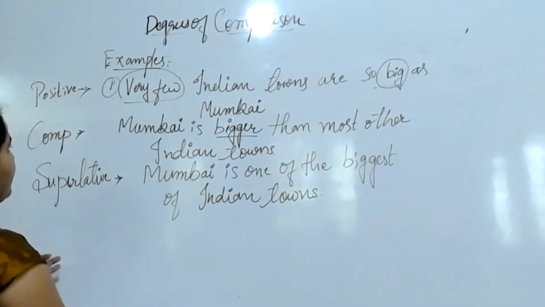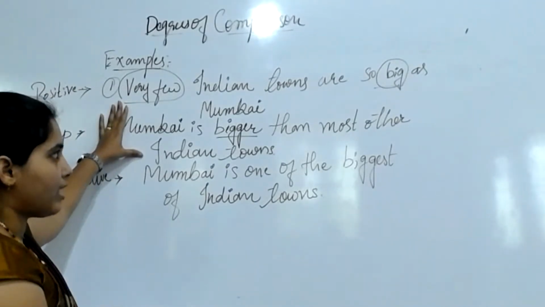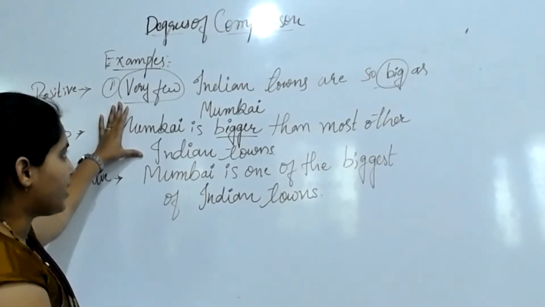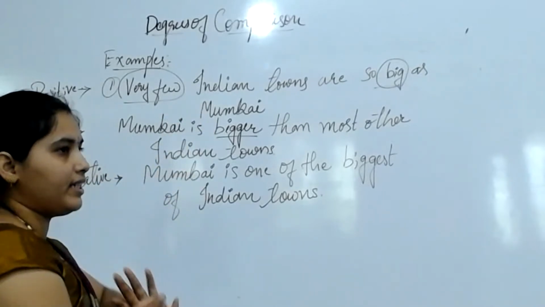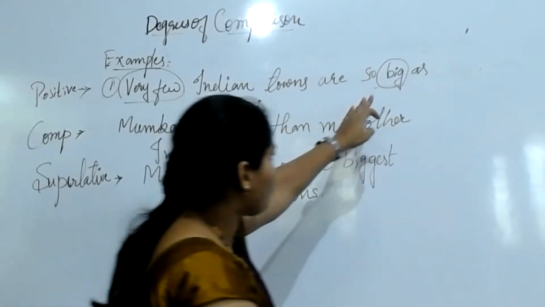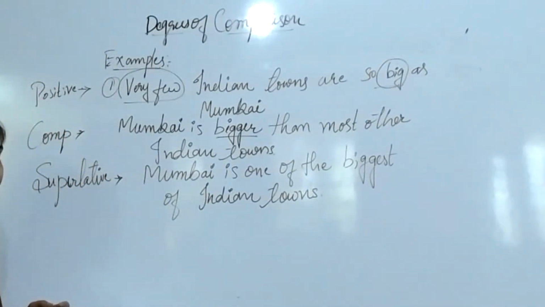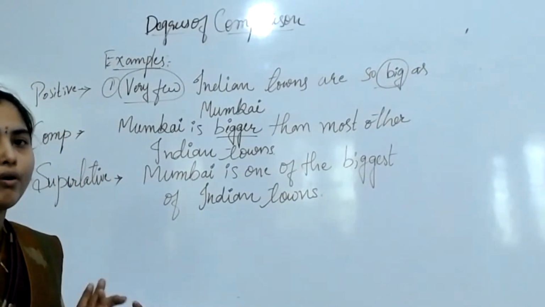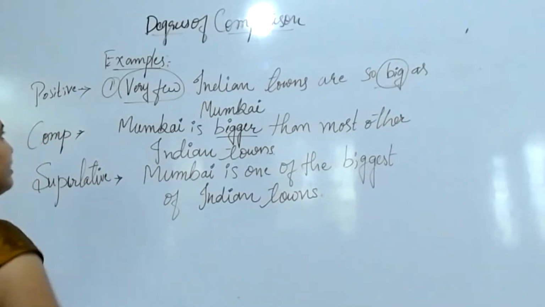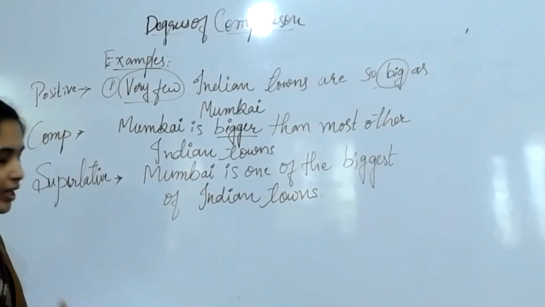So now see here, very few Indian towns are so big as Mumbai. So how we have to identify the degree here is so big. It is a positive degree. Big is a positive degree. If the sentence begins with very few or no other or nothing, it shows the positive degree.